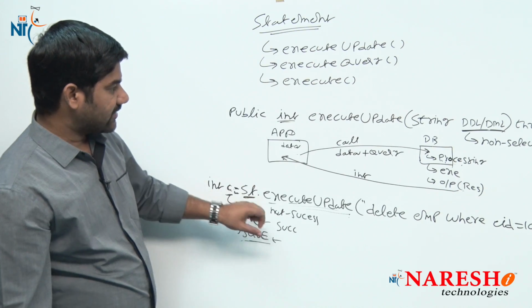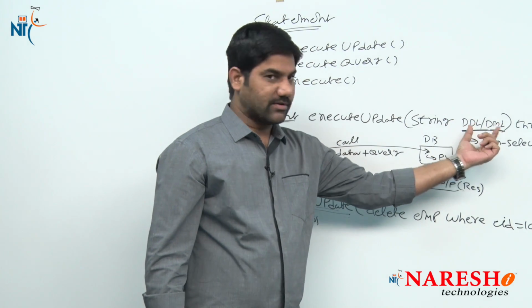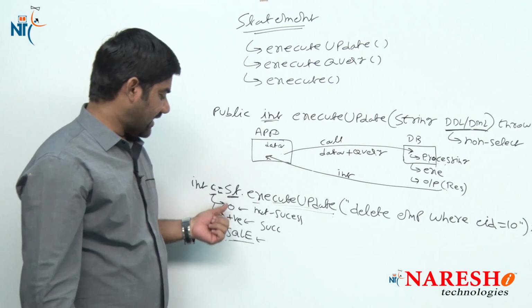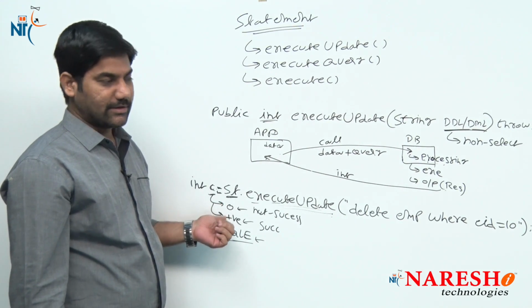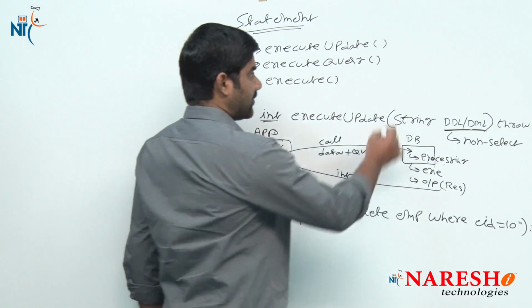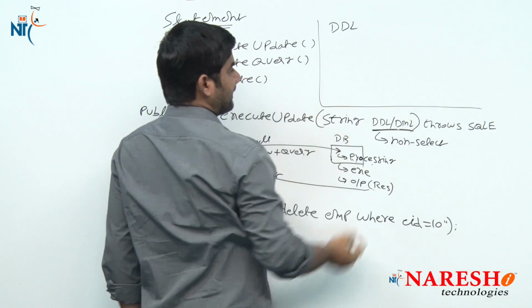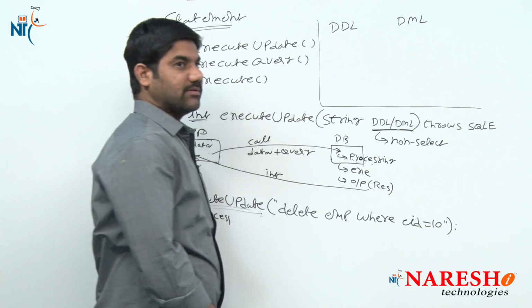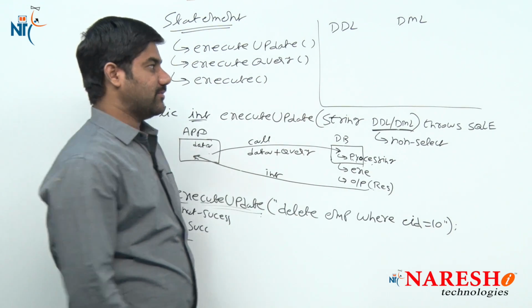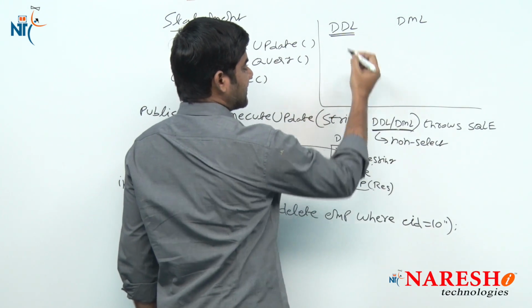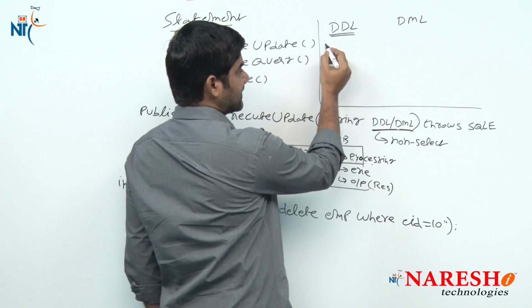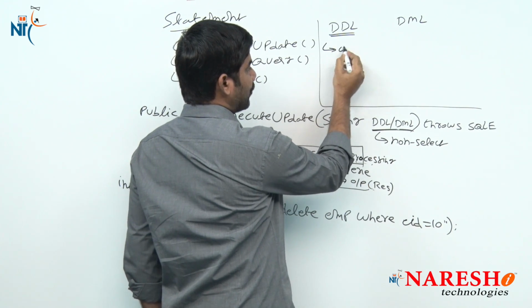Now, the same point I want to apply to all types of queries. Depending upon the type of query, the returning value changes. For example, there are basically two types of commands available, DDL commands and DML commands. While processing DDL commands, the executeUpdate method or database returns only 0.